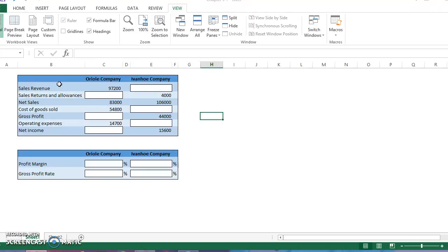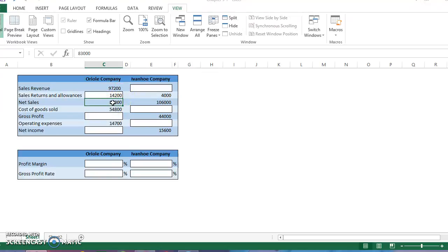So at this point, for the first company, which is Oriole company, we'll have this $97,200, which to turn into net sales we'll have to take the difference. So the difference for this is gonna be 14,200. After doing that we get to our number, which is net sales.